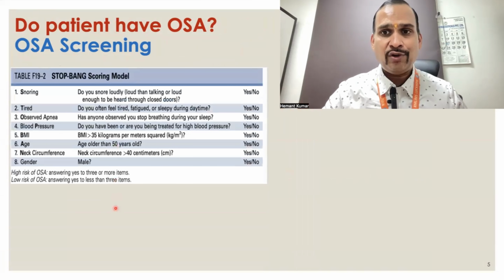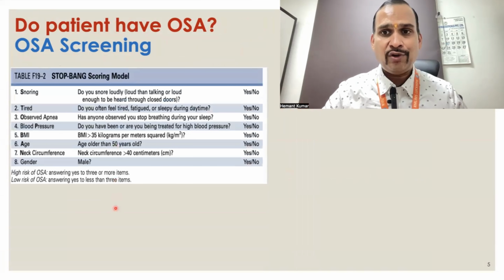A normal individual sleeping at night has many arousals. Arousals are so brief, like 3, 4, 5 seconds, that the patient doesn't know he is having them. Only by a sleep study can you identify that the patient has a lot of arousals, which can cause daytime sleepiness.